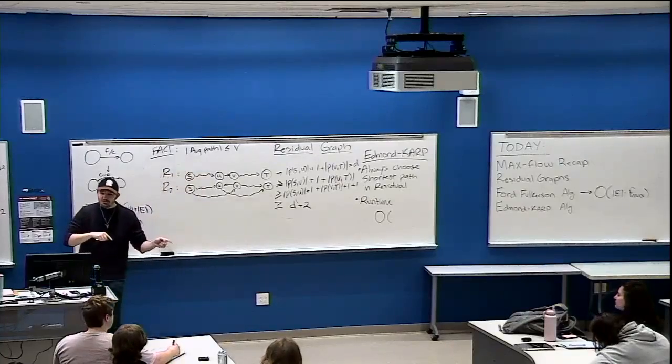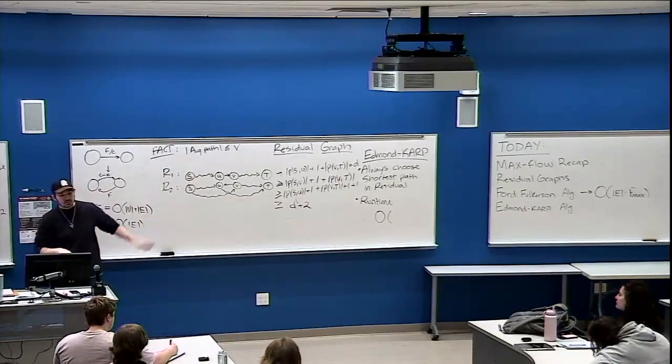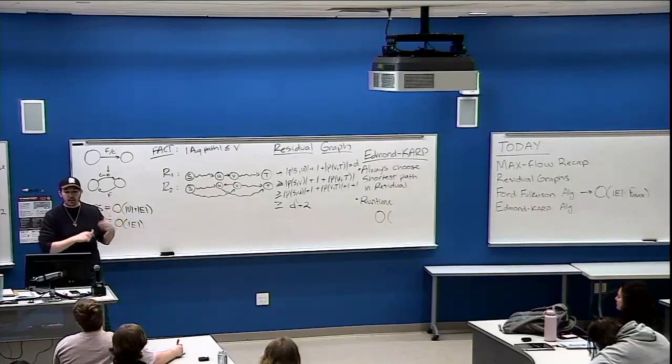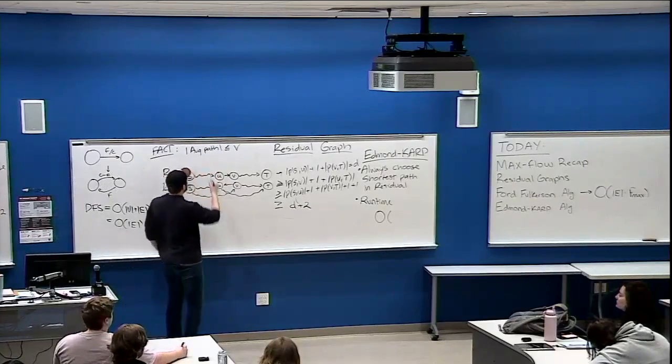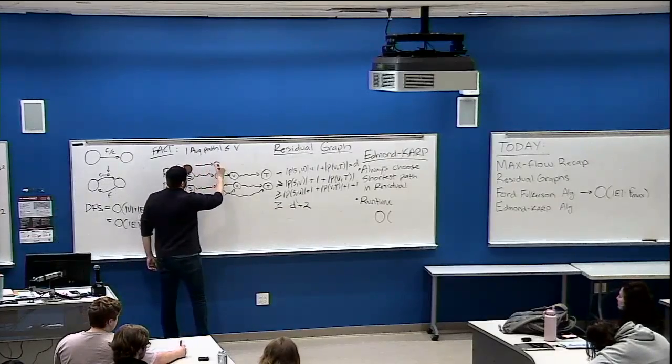The longest, shortest augmenting path is length v. If I have something that's longer than that, I necessarily have a cycle. If I have a cycle, then there is a shorter path. That makes sense?